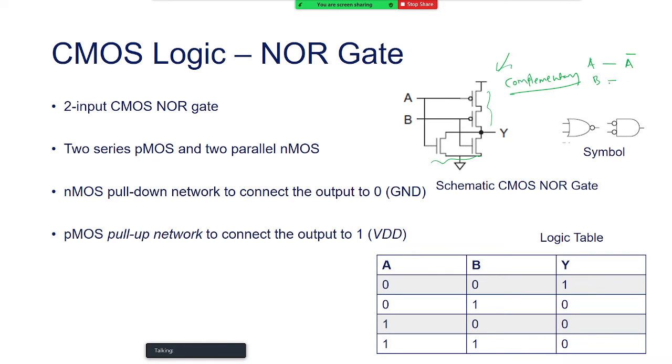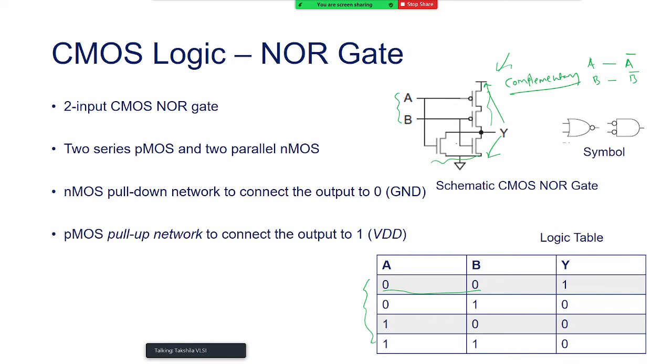If the signal is B, its complementary will be B bar. Again, it's 2 inputs here. We got all the combinations. Whatever combinations we apply here, A and B, we could easily analyze how the switching happens and how the output is either pulled down to logic 0 or pulled up to logic 1.